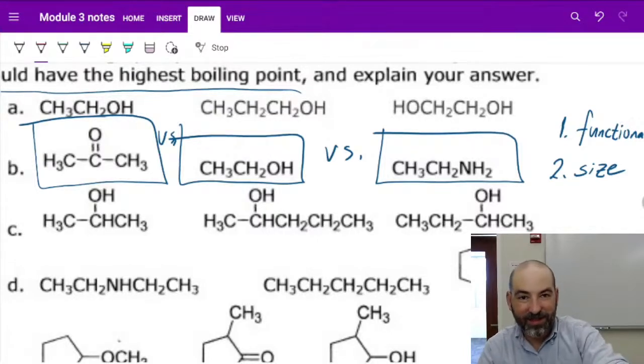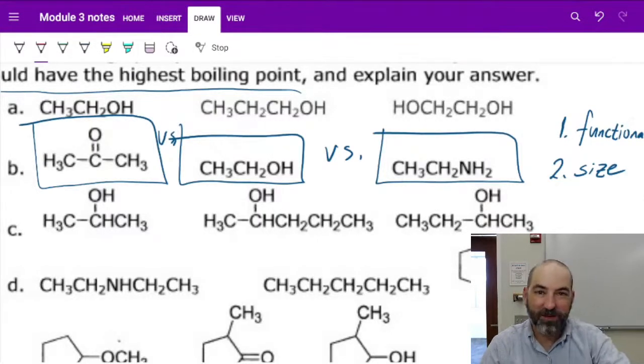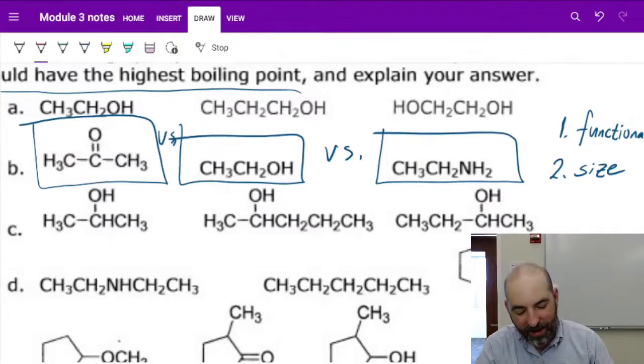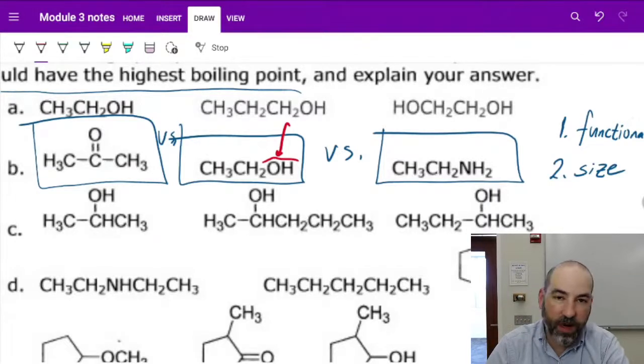Again, stop this if you haven't done that yet, because you want to try it first before you just hear what I have to say. But the answer here is that the second one has the highest boiling point, and it's because of the OH. Having that OH bond in there, that ability to do hydrogen bonds, makes it the highest boiling point.